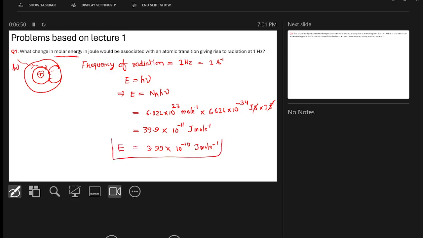This is your energy, so this is your answer. The per mole energy associated with the radiation is this much.